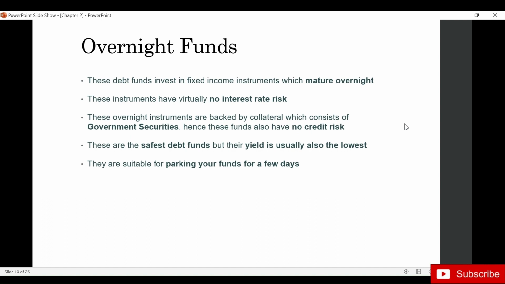Also, these instruments are backed by collateral consisting of government securities, and hence these funds do not have any credit risk either. Overnight funds are considered to be the safest category of debt funds, but their interest rate returns, that is the yield, are also usually the lowest. Overnight funds are suitable for parking your funds for a few days.